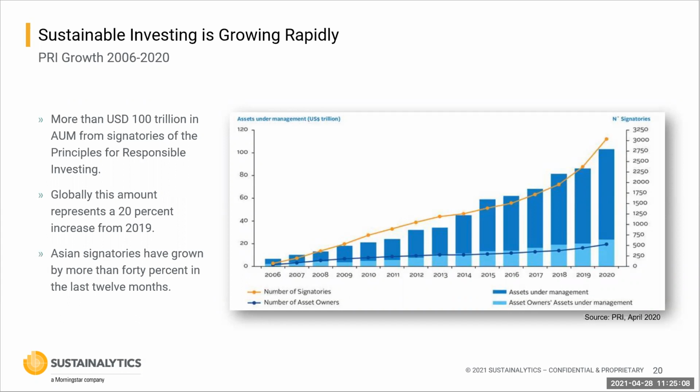The growth is quite spectacular. In 2019 it was 20%, but the numbers for Asia are much stronger: 40% over the last 12 months. This is significant, and the fact that there are so many new signatories in Asia demonstrates the commitment and the speed of change in Malaysia, Asia and the ASEAN region more specifically.